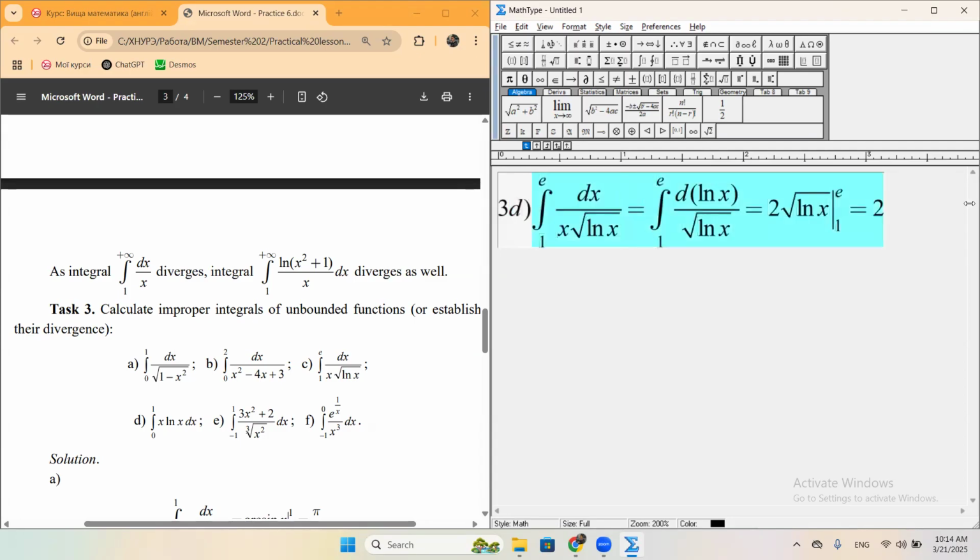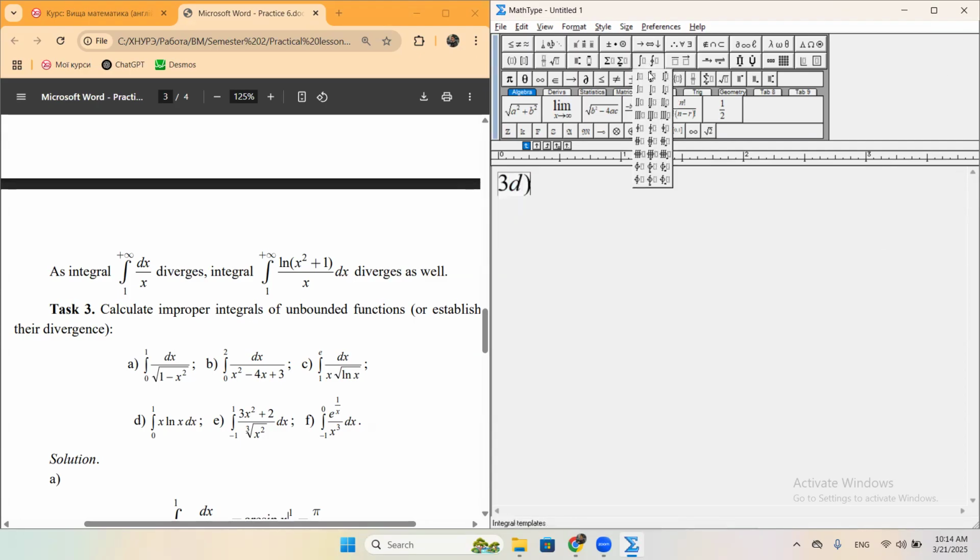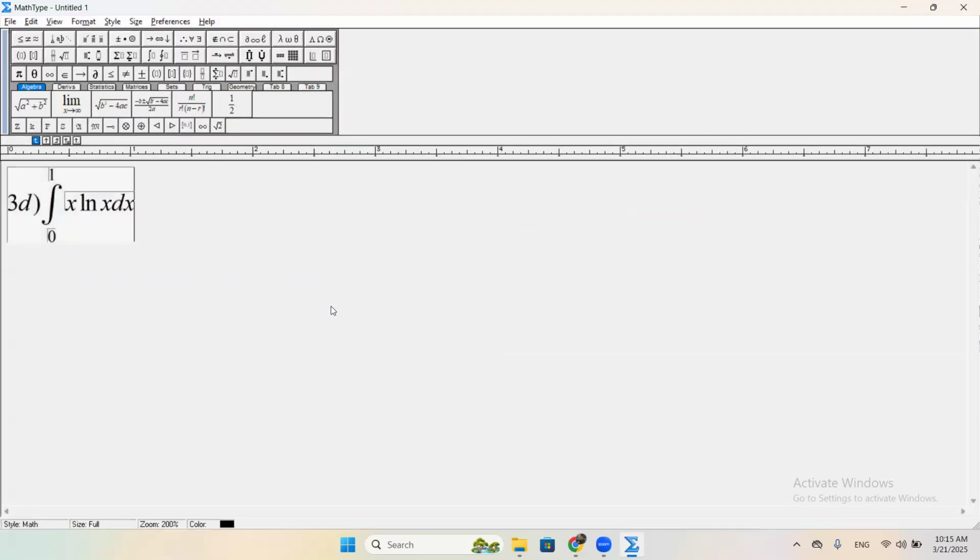The following integral we have, from 0 to 1, x logarithm of x dx. So what do we have here? The singularity point is 0. Now let's integrate by parts.